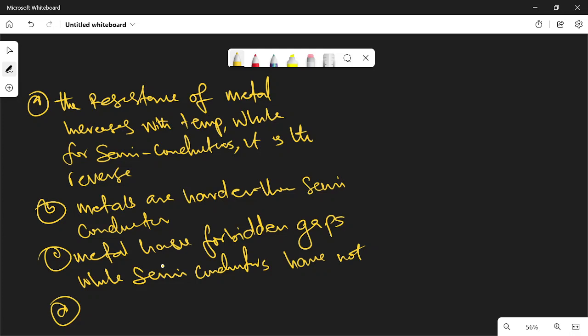The question says the major difference between a pure semiconductor and a pure metal is that. So what will be the right answer?